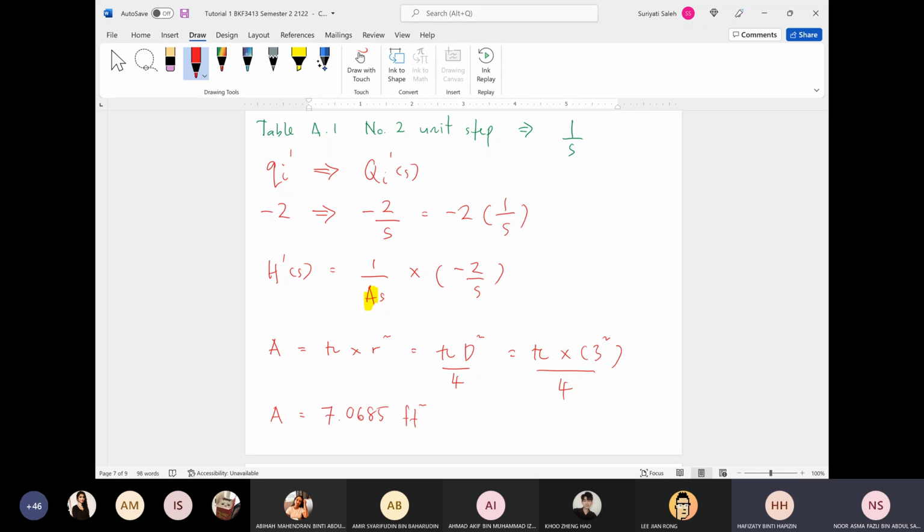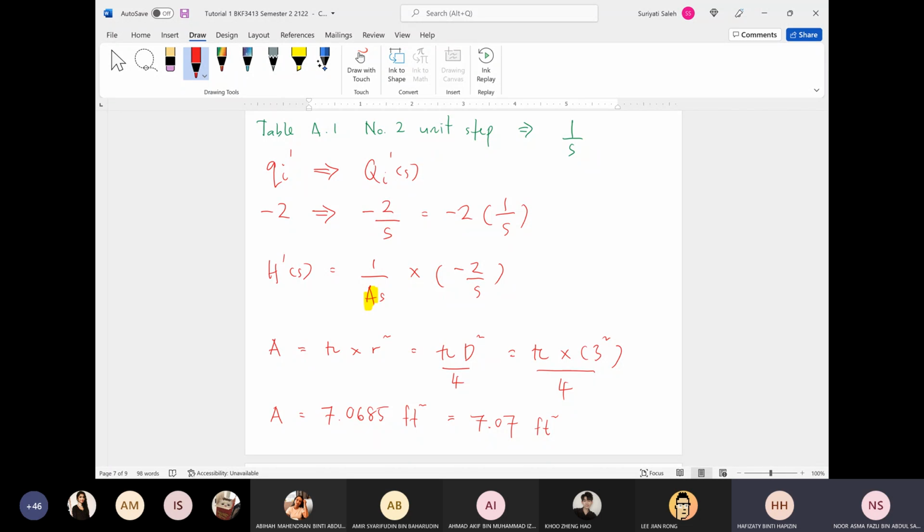So this is your area for the storage tank, 7.0685. Normally for a test or final exam, you need to make sure you have a consistent decimal point. If you use 4 decimal points, then you use 7.0685. Or if you want to use 2 decimal points, then it should be 7.07 feet square.